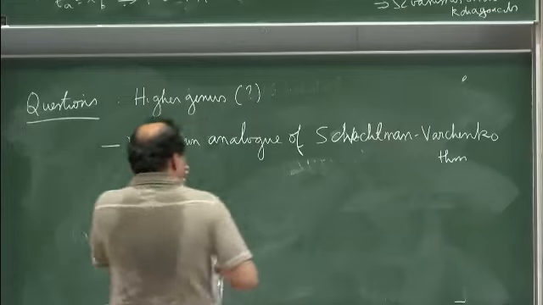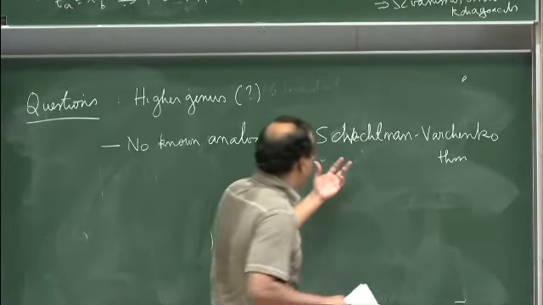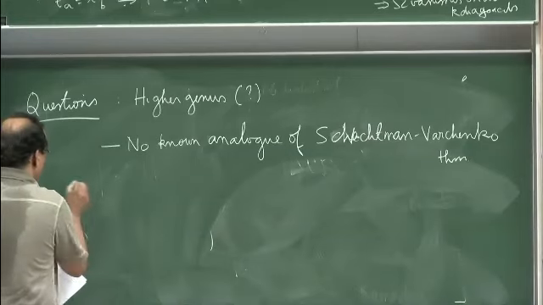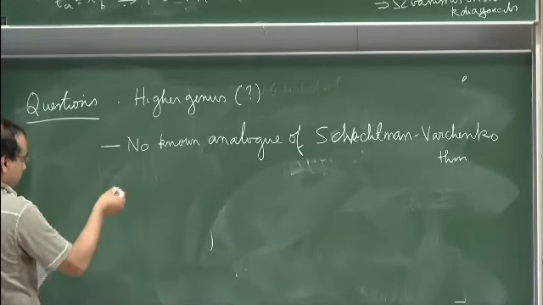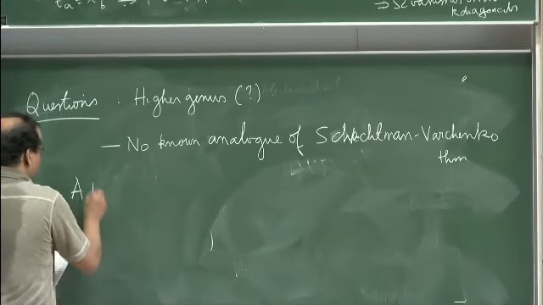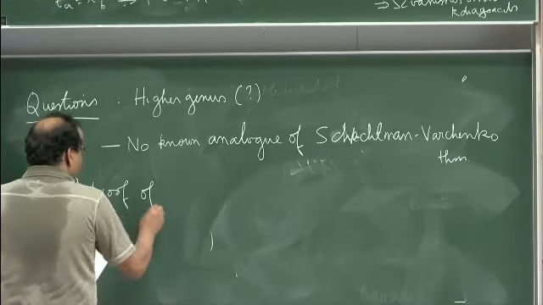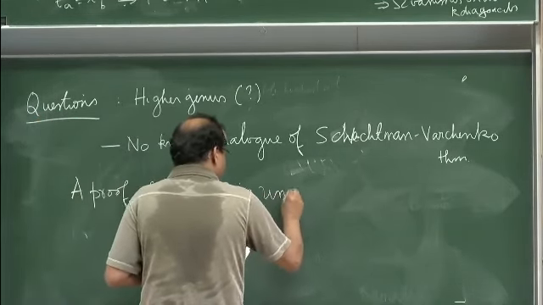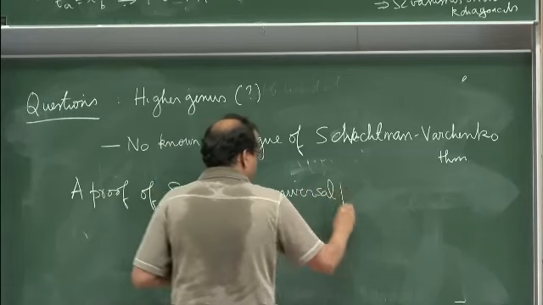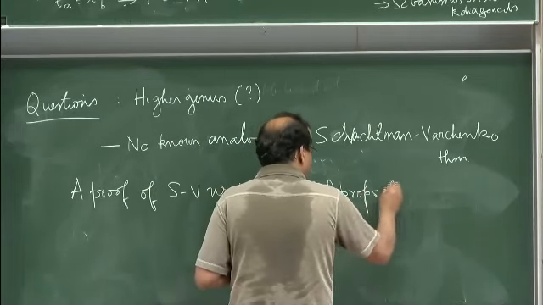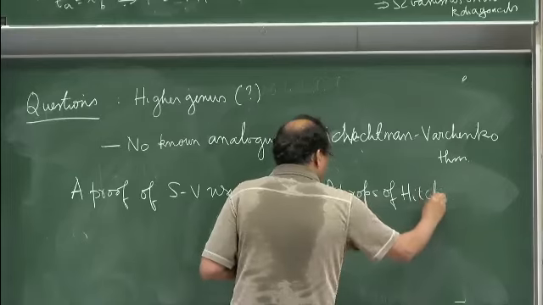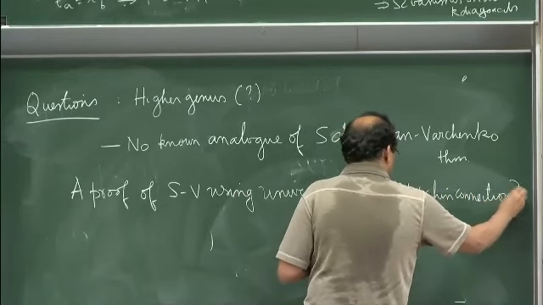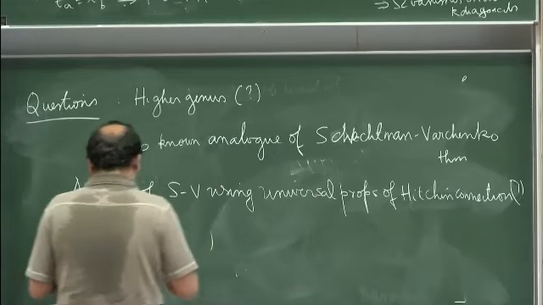Another reason is that the proof of Schechtman-Varchenko doesn't use the universal properties of the Hitchin connection. So maybe one of the things to obtain is a proof of Schechtman-Varchenko using universal properties of the Hitchin connection. Even in genus 0, this would be nice. This is one of the difficulties.